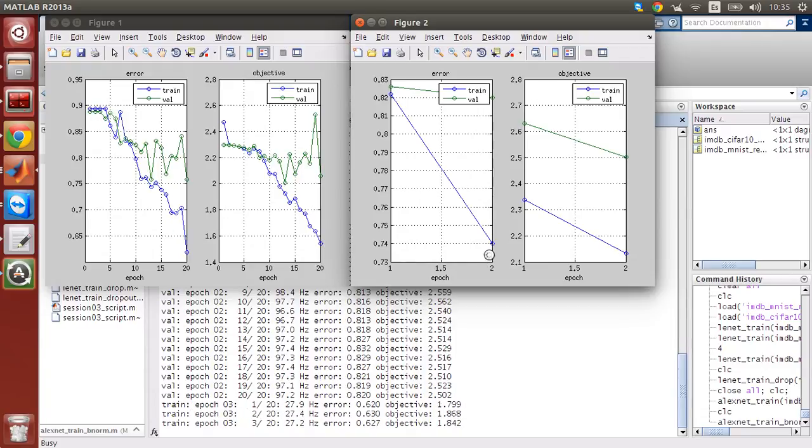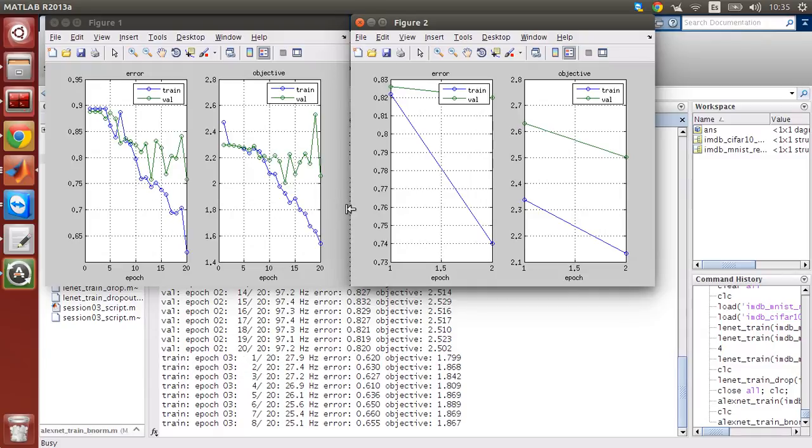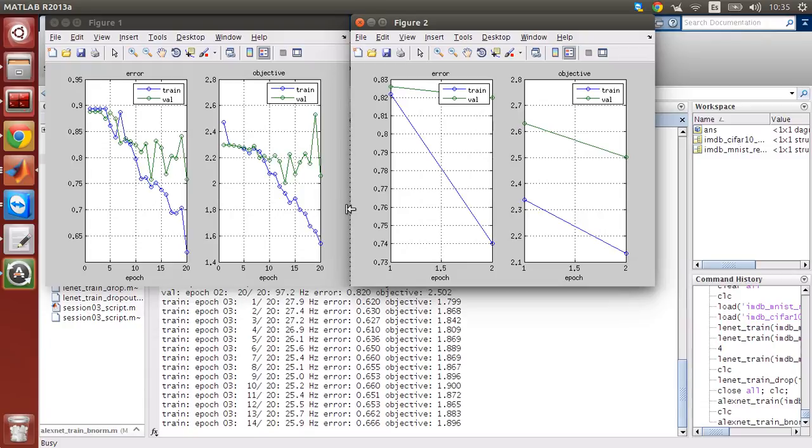Batch normalization is learning the momentum, so it's learning the statistics for the average and the covariance of each of the channels. At the beginning, using batch normalization is going to produce a lot of ups and downs until it starts learning a proper mu and sigma.